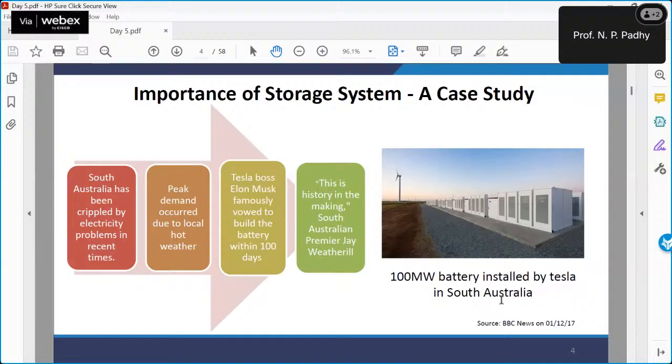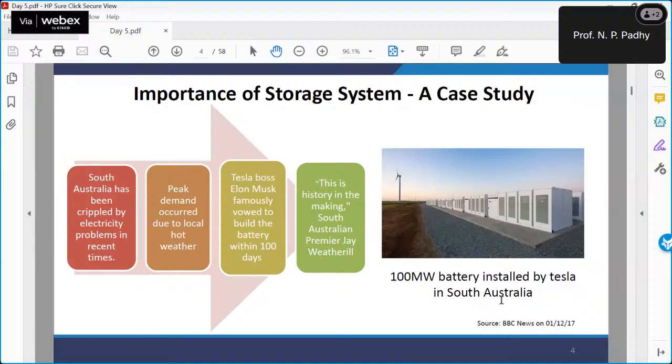So South Australia has been crippled by electricity problems in the past, even today. Peak demand occurred due to local hot weather. So they experience a huge peak, and they don't know what to do. Energy curtailment in Western countries or developing nations becomes a question because that electricity is an excess.